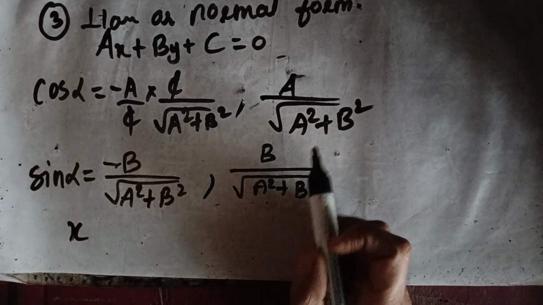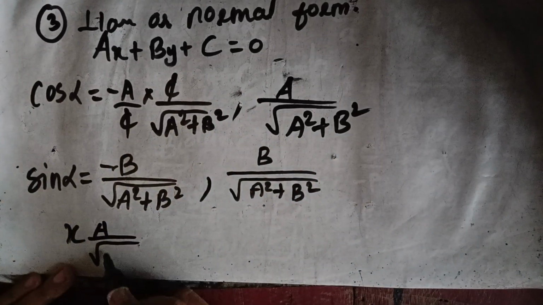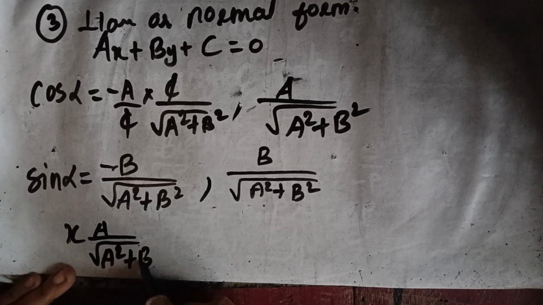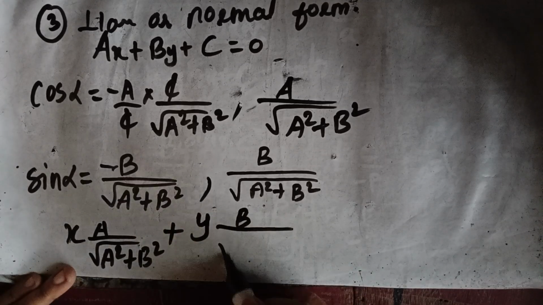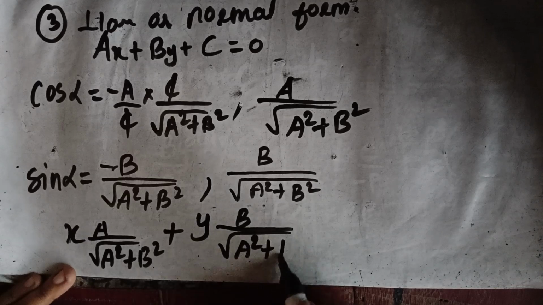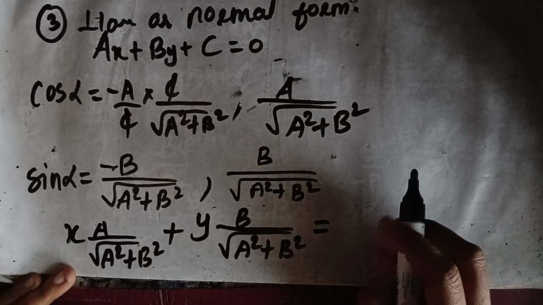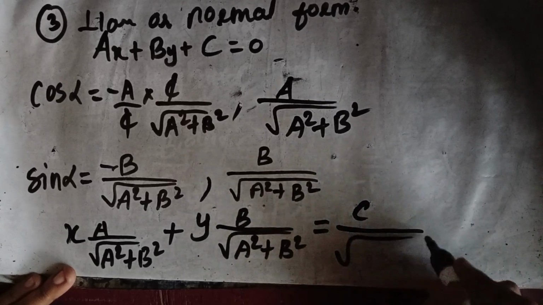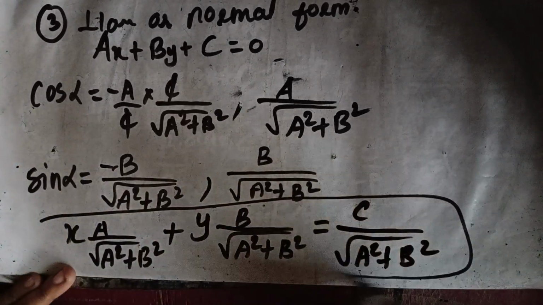I'll write for the negative value: a upon root of a square plus b square, plus y sin alpha, equal to p, where the p value you have to write as c upon root of a square plus b square.